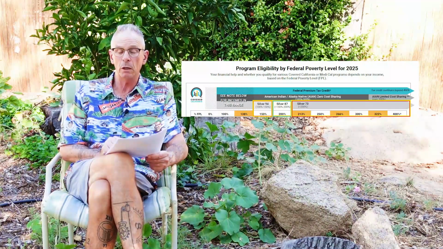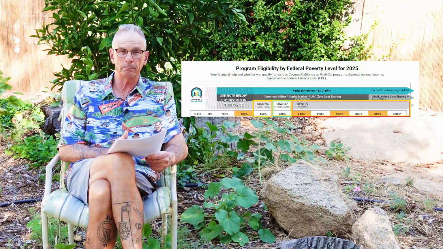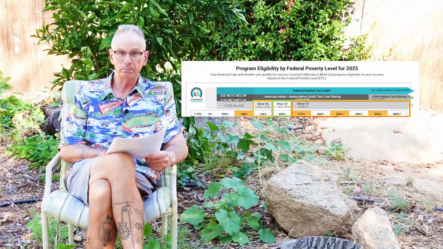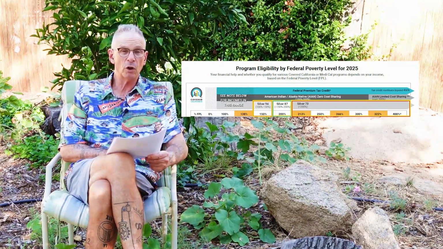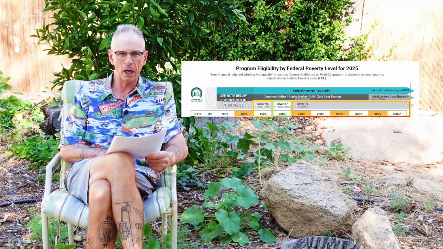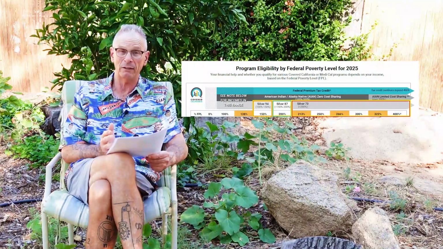Now, Silver 73 last year, in 2024, stopped at 250%. You'll notice there is no Silver 70 on here. So if you're in Covered California and you're offered a silver plan, it's going to be a Silver 73, which is enhanced, with lower copays, no medical deductible, and a lower maximum out of pocket than a Silver 70.